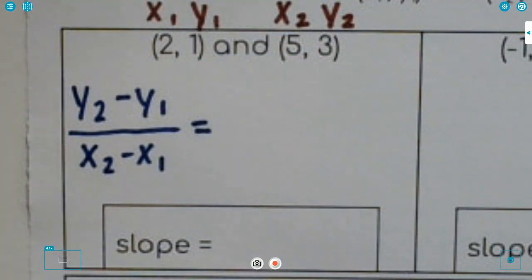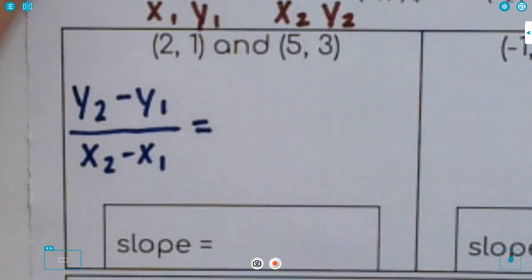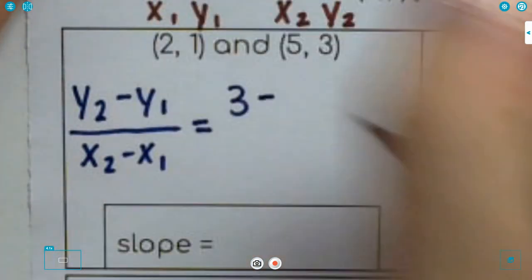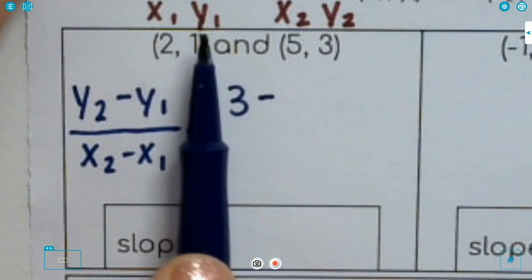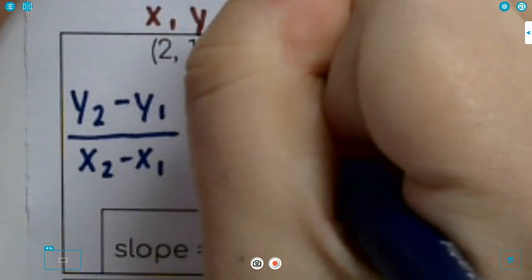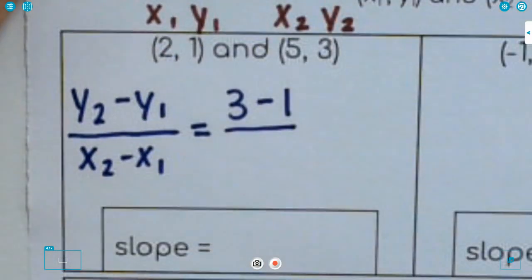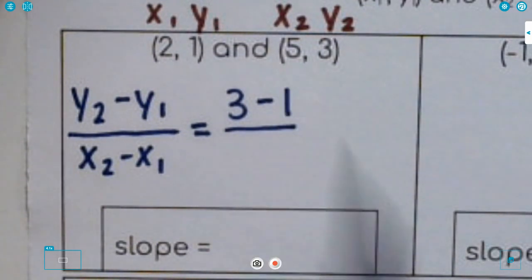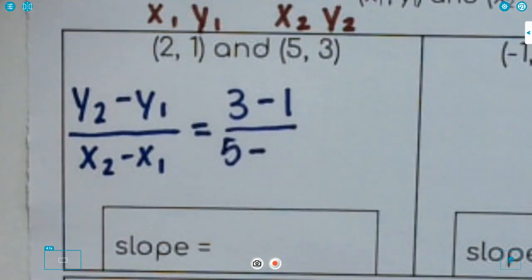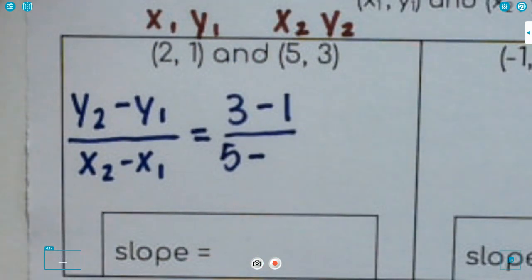So we have labeled, it's the Y from our second ordered pair, it's 3. So we've got 3 minus our y1 value is 1. So 3 minus 1 on top. And then on bottom, we've got x2 minus x1. So x2 is my x from my second ordered pair, so it's 5. Minus x1 is my x from my first ordered pair, so it's 2.